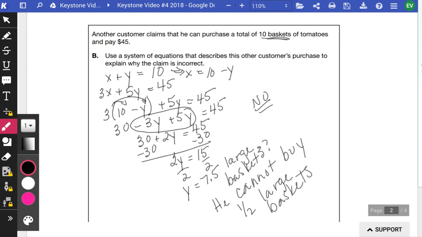And that disproves this customer's claim that he's got 10 baskets of tomatoes because you can't buy half baskets. Okay, so make sure that when you go through the information and you go through the process, you think about what that answer means.